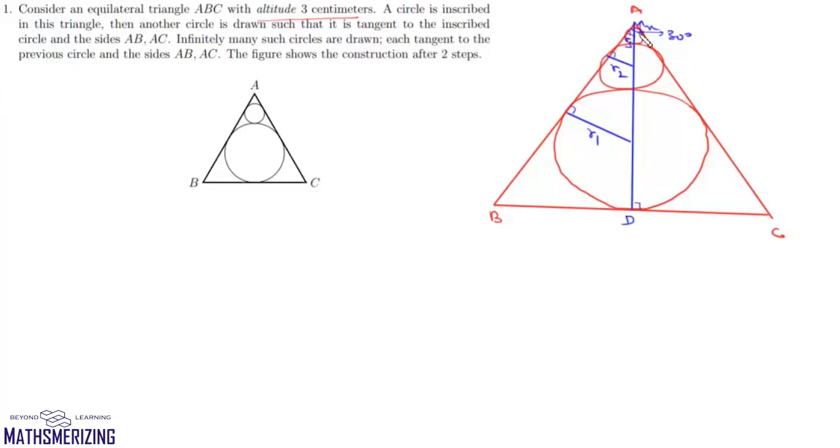For the first triangle we can write sin 30 as R3 upon x. For the second triangle it will be R2 upon x plus R3 plus R2.